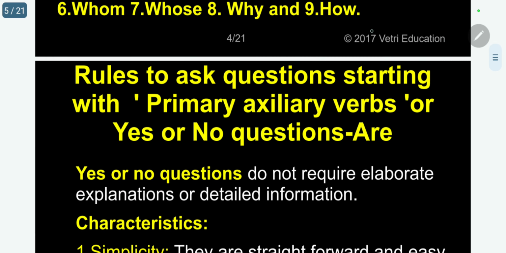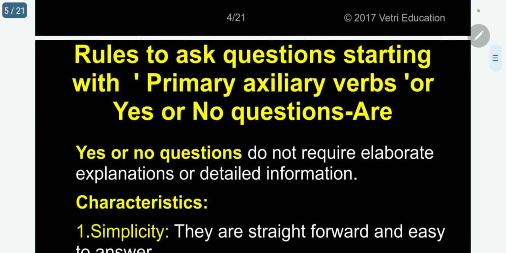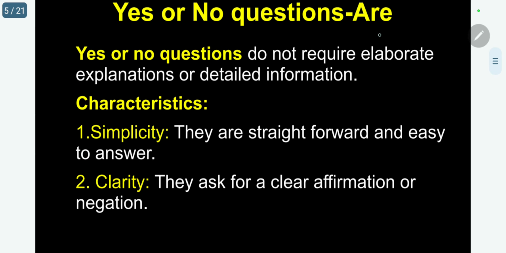Now let me come to the next step, that is yes or no questions. Normally, yes or no questions do not require elaborate explanations or detailed information. Then let me raise a question: what are the characteristics of yes or no questions? Number one, simplicity. What is simplicity?